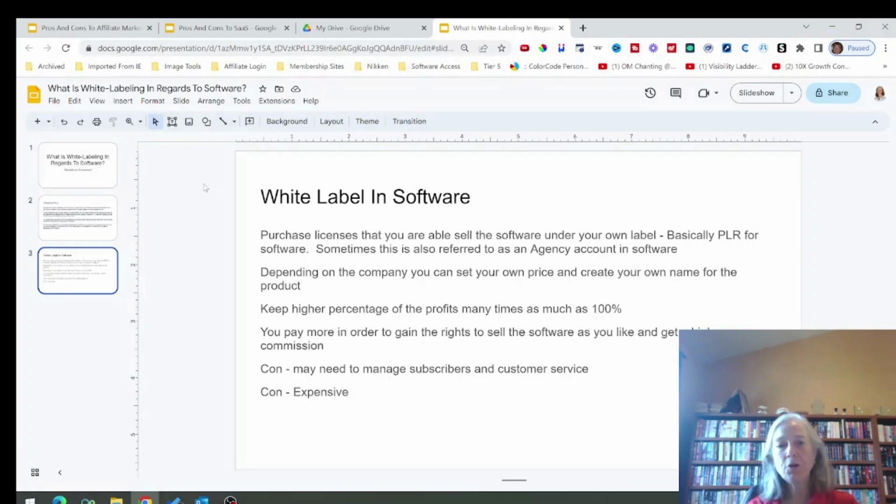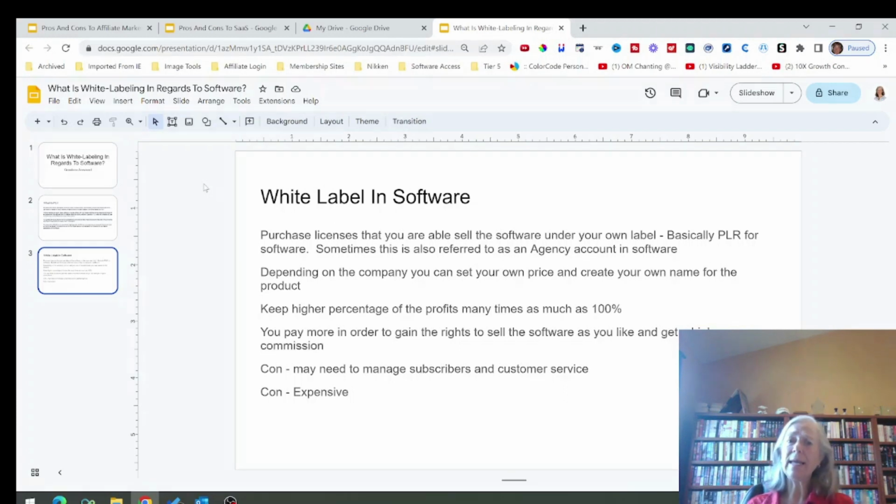The other con to this is you may need to manage your subscribers and provide more of the customer service because they are purchasing from you directly. Yes, they still log in on the computer directly to the software, but because you have sold them this license, with some of them, you need to actually manage your subscribers and provide more customer service. And as I stated, this can be a lot more expensive.